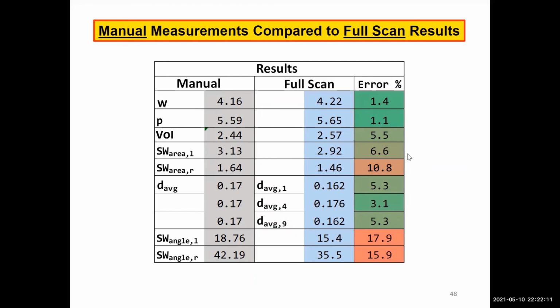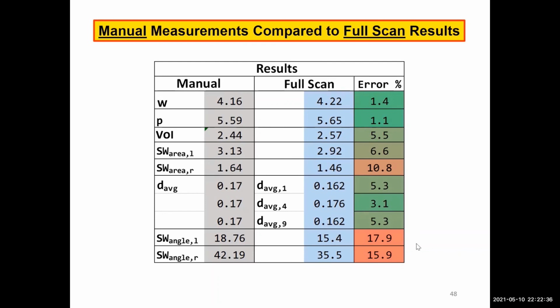The volume and the depth and so on are on the order of 5% or so uncertainty or error, I guess, in terms of the way we did this. The full scan result here takes into account all of the general algorithms that were developed in our scanning system, not just the discrete points that I described in the simple manual algorithm.